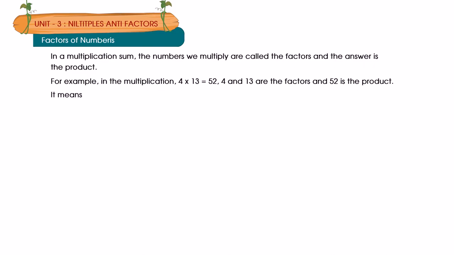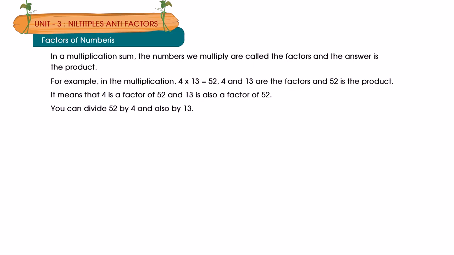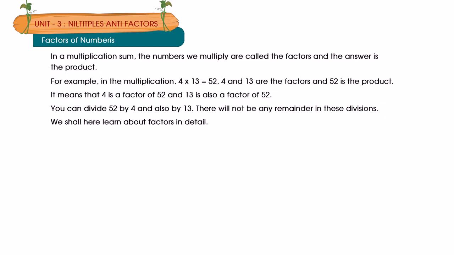It means that 4 is a factor of 52 and 13 is also a factor of 52. You can divide 52 by 4 and also by 13. There will not be any remainder in these divisions. We shall here learn about factors in detail.